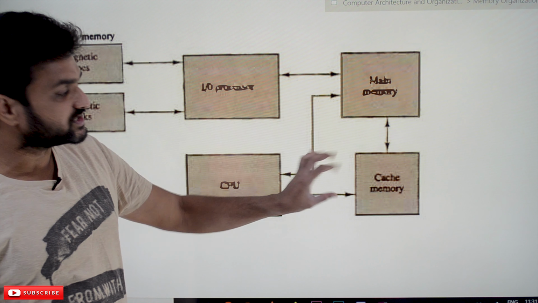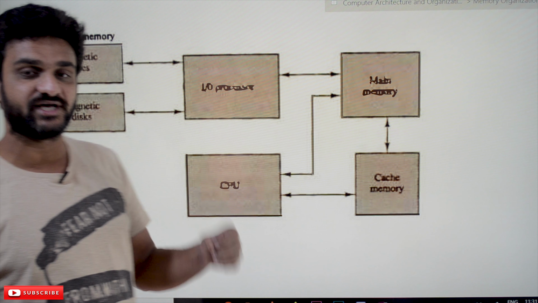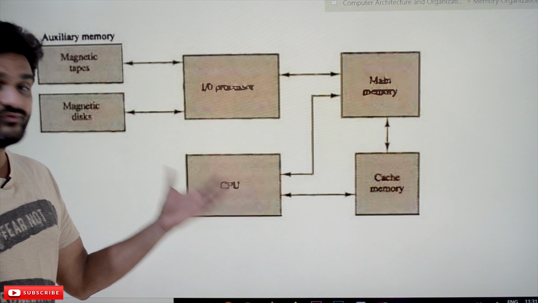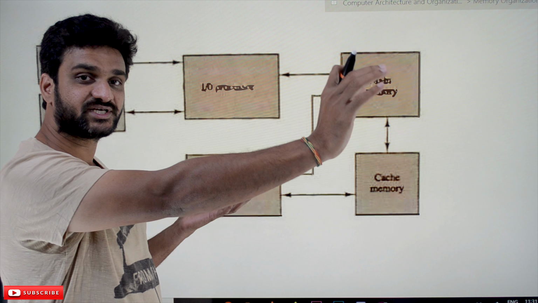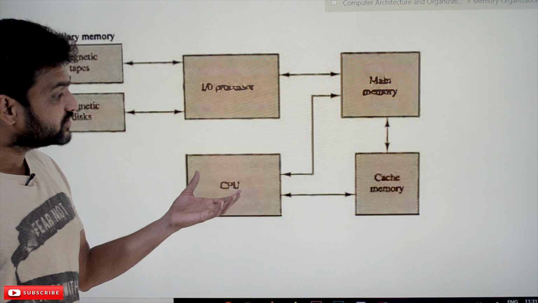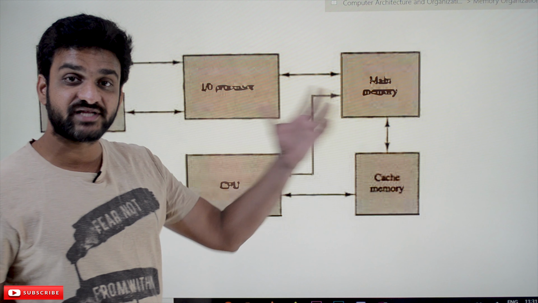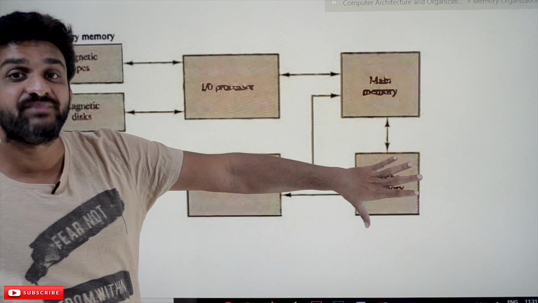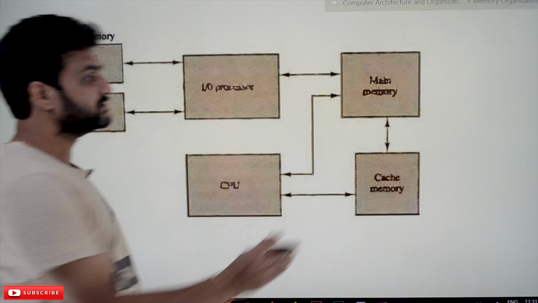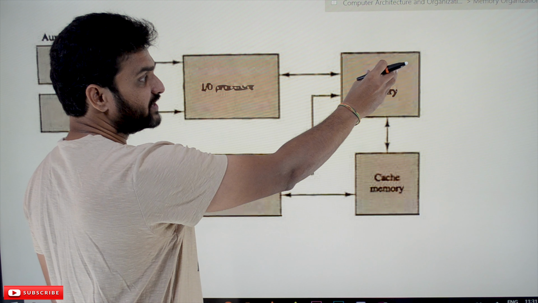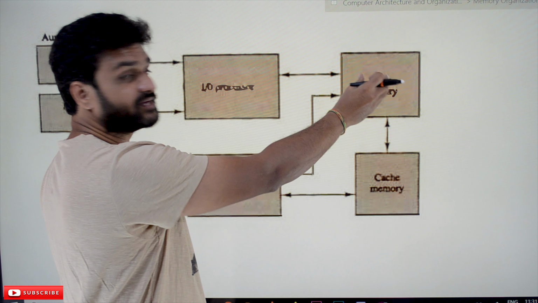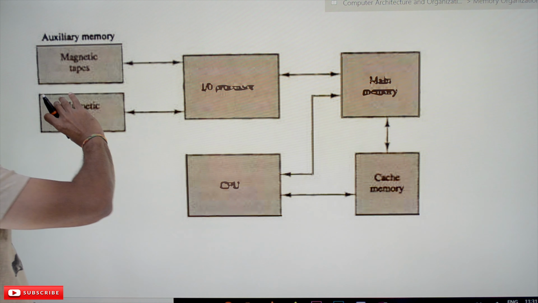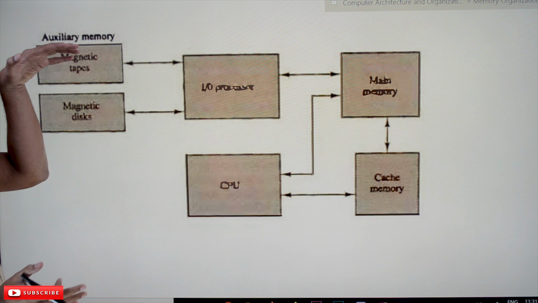So how this organization works is, whenever the CPU has an instruction with a memory reference, it is going to first ask the cache memory whether the data is available or not. If it is not available, we search in the main memory. If the data is not even available in the main memory, we have to go to the hard disk, where the complete program gets stored.